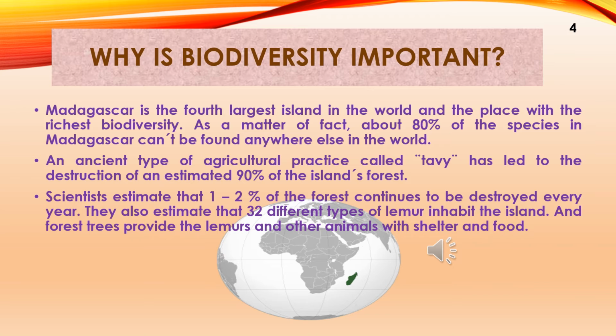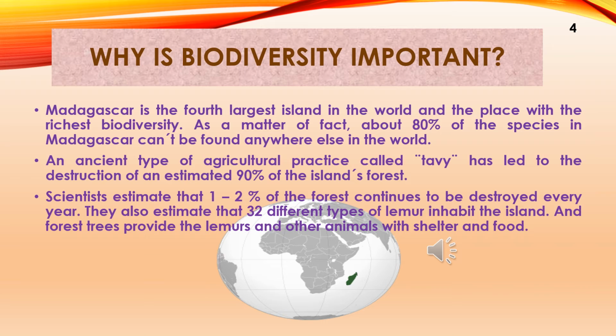It means that they are going to destroy the forest to be able to farm the land, to be able to cultivate rice and other grains. So they destroy an estimated 90% of the island's forest because they want to do this tavy. They want to follow their traditions and they want to use this method of farming.